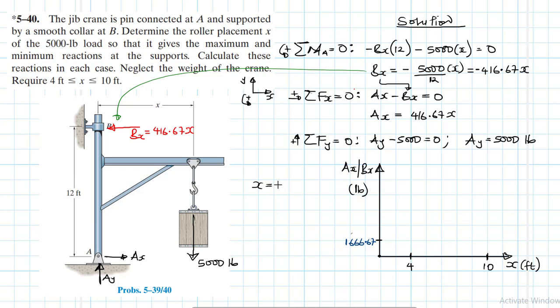Then when x is equal to 10 feet, our AX, which is equal to BX, is going to be equal to 416.67 times 10. I want 2 decimal places, so I'll leave it at that.